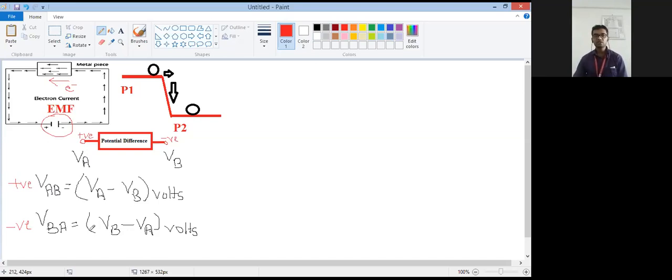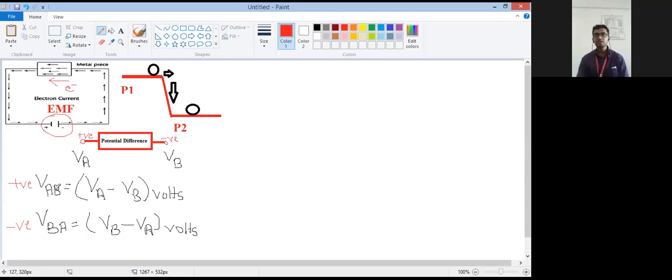Okay, so now you will say, what is the effect of potential difference? Potential difference has very much importance because it actually says in which direction current will flow. Current always goes from higher potential to lower potential.